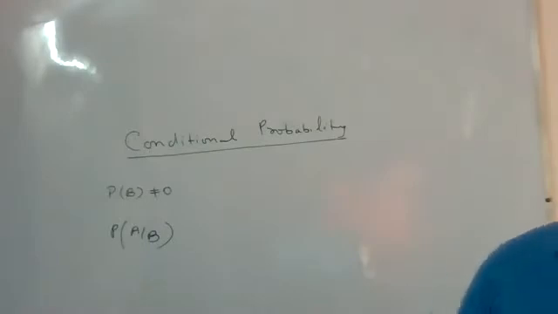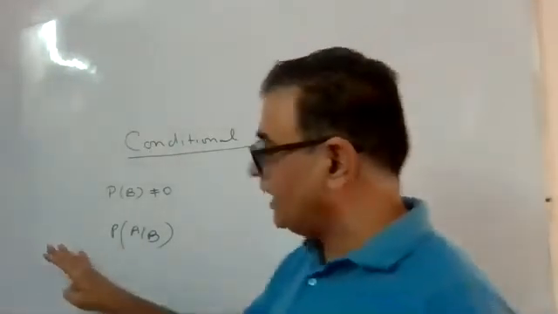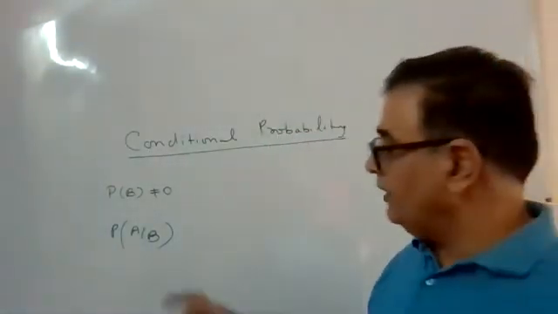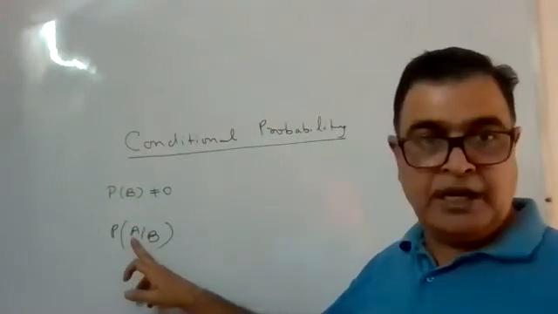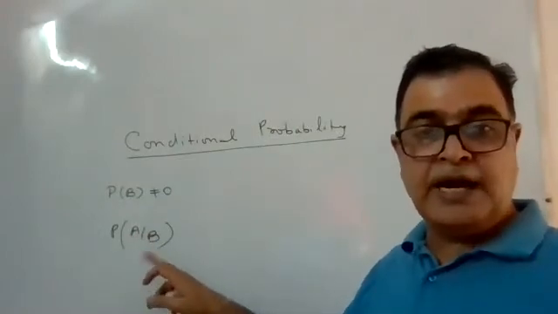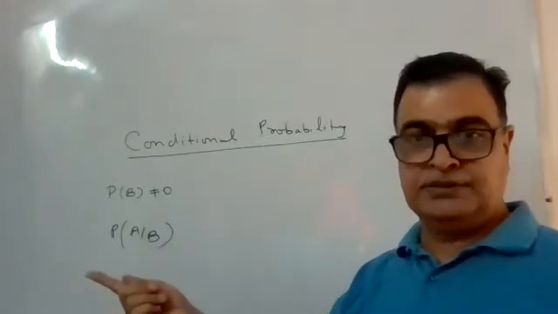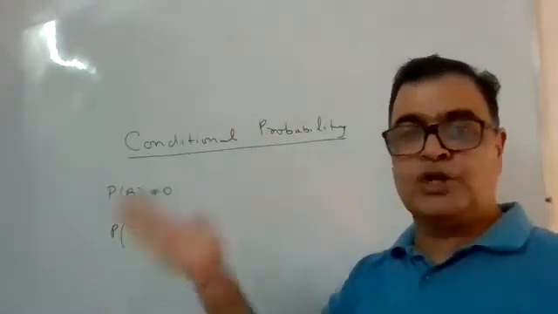So what is conditional probability? A and B are two events we have. We are calculating the probability of happening of A when B has already happened. One event has already happened, the other is yet to happen.